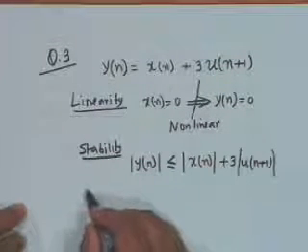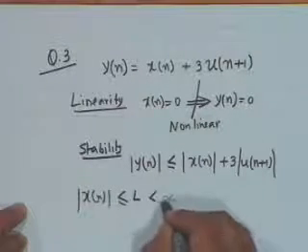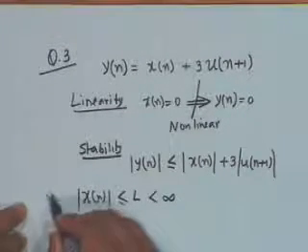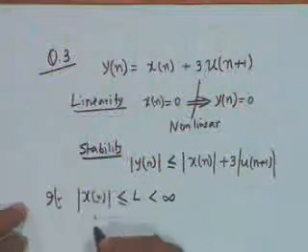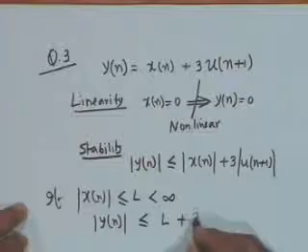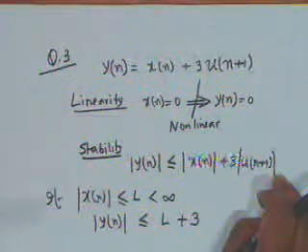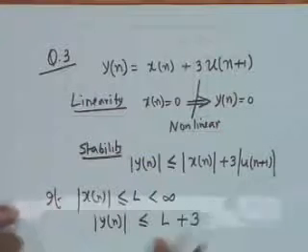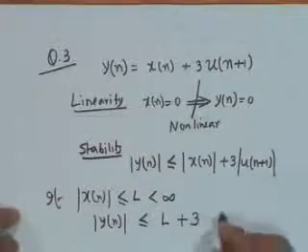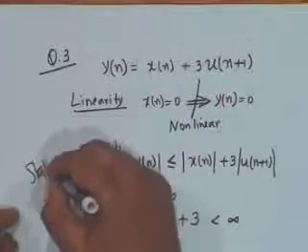Now if x[n] is bounded, mod x[n] less than or equal to L, less than infinity, then obviously mod y[n] is less than or equal to L plus 3. At the most this can be equal to 3. If n is less than minus 1, then it's 0. But it must be less than L plus 3, which is less than infinity. And therefore the system is stable.